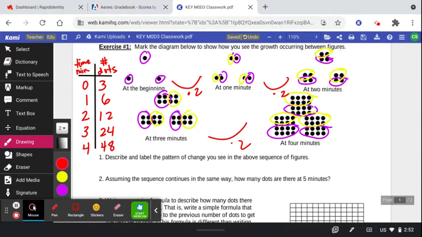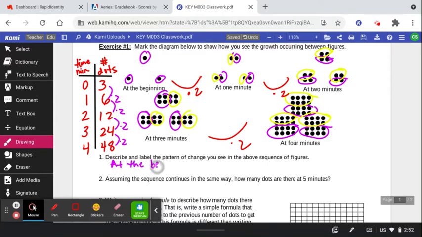So describing and labeling the pattern that you see, since we noticed that this was doubling or times 2 with each step, we would say at the beginning, there were 3 dots.